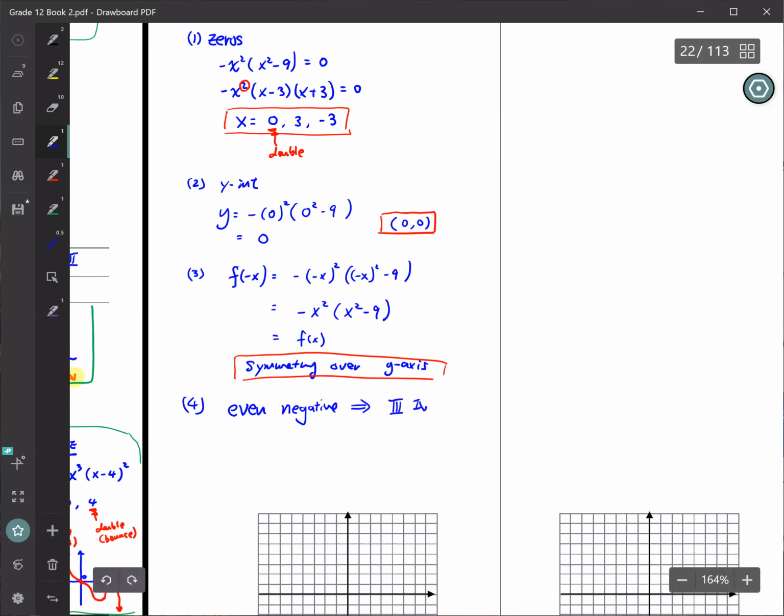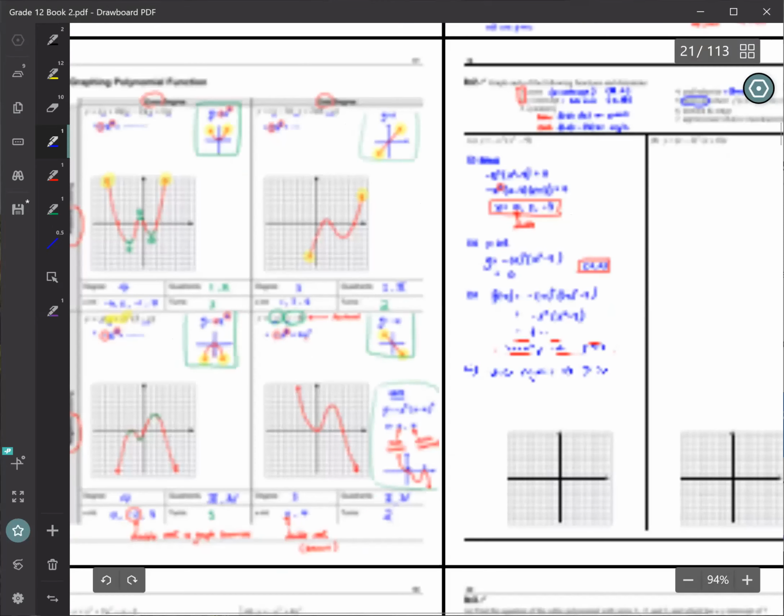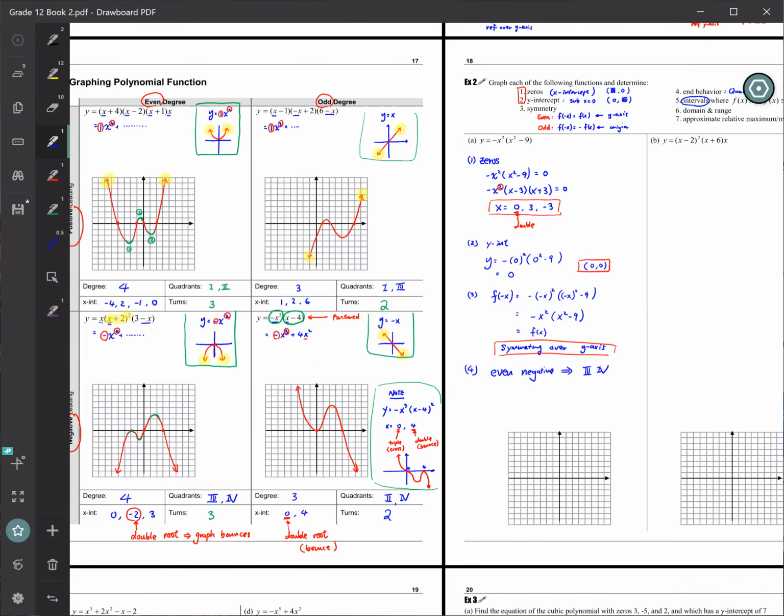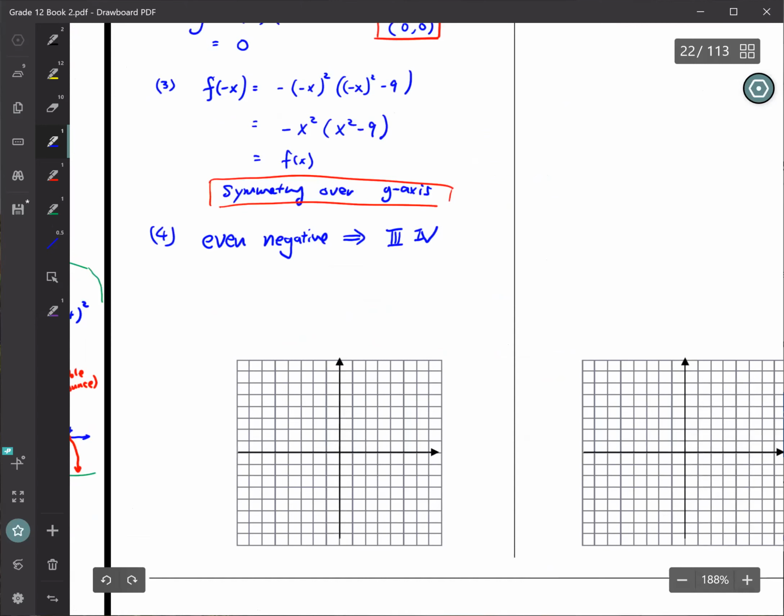So when they say end behavior, you can just tell me the quadrant location. Sometimes some answer keys will say quadrant 3 and 4. Quadrant 3 is down here, quadrant 4 is here, so they are both at the bottom part.